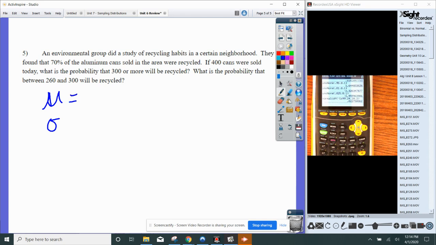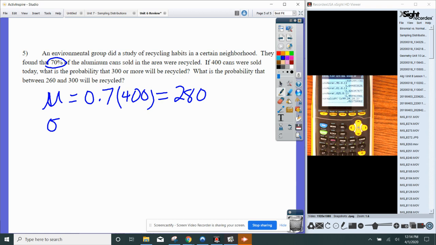The mu is the expected value. So in this case, it's going to be the percentage of the ones sold today, 0.7, that's the 70%, times the number of cans sold, which is 400. So our mu is going to be 280.